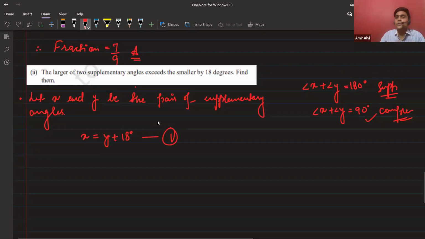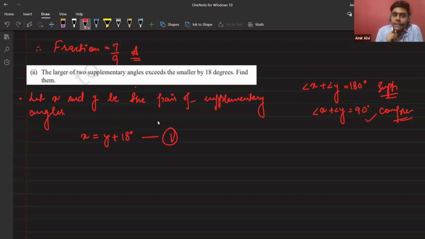Now tell me where is the equation 2? That's the catch in the question. Sir, can you explain the first equation again? Okay.